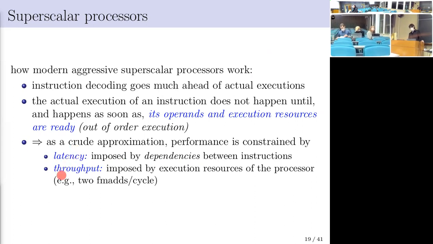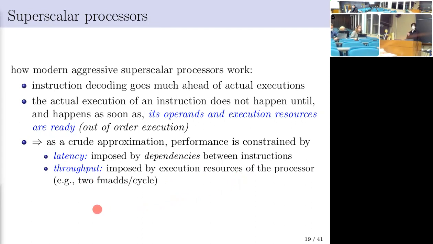And the throughput. You can increase the performance by having so many independent instructions that can be executed concurrently without waiting for other instructions. But even if you have so many independent instructions, it is ultimately limited by the throughput. It is imposed by the execution resources of the processor.